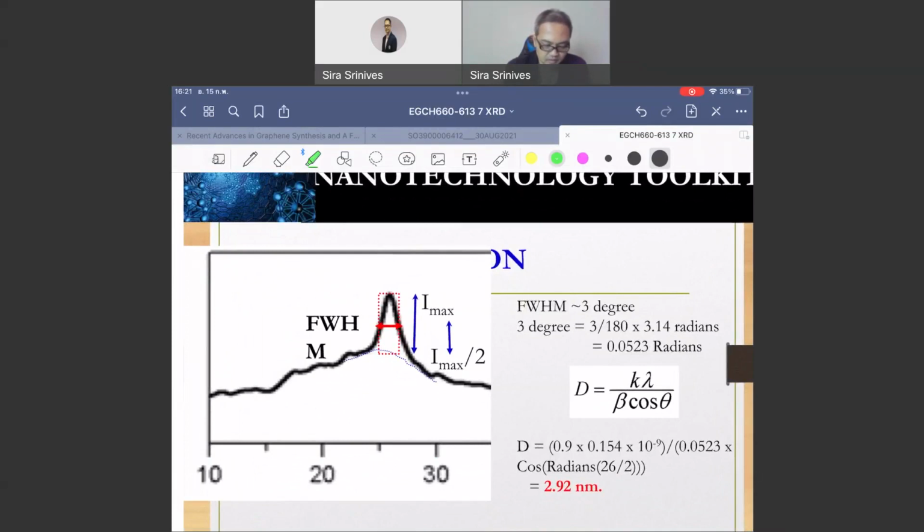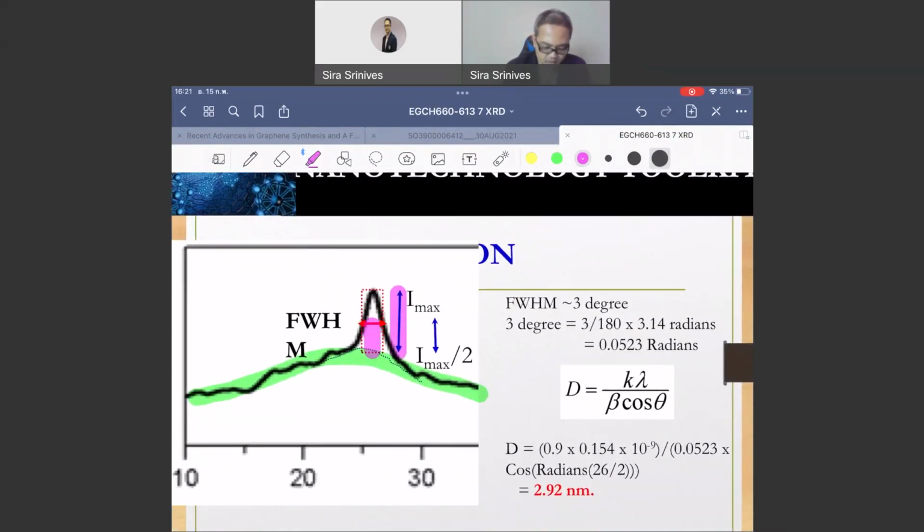and this is the baseline of the peak. So I monitor the height of that peak and divide by 2. At that point, I monitor the width of the peak.